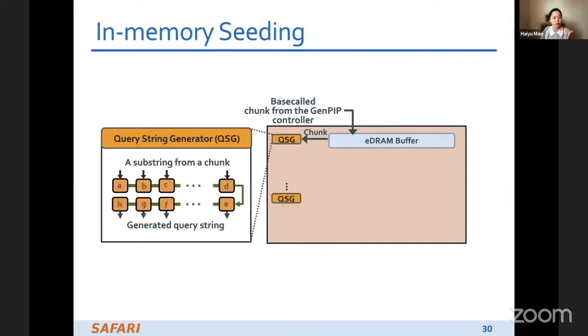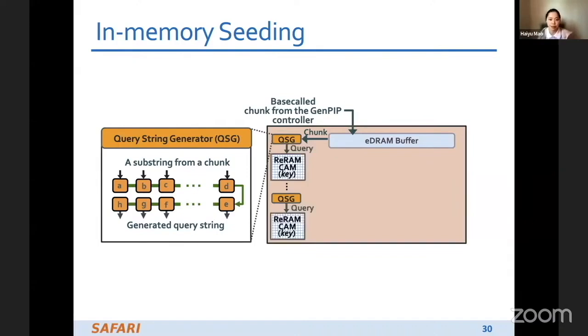The query string generator is a shift register whose length is 2 times the chunk length. Then we can shift one character each time and generate a substring from a chunk very easily.